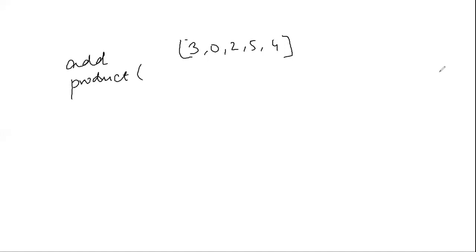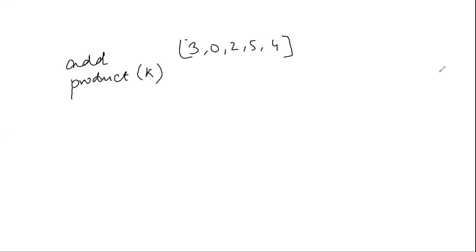So let me take some examples just so that when we are talking about it, we know what we are discussing, right? So two operations, add and let's call it product. It will take k, and add, you are just appending values.